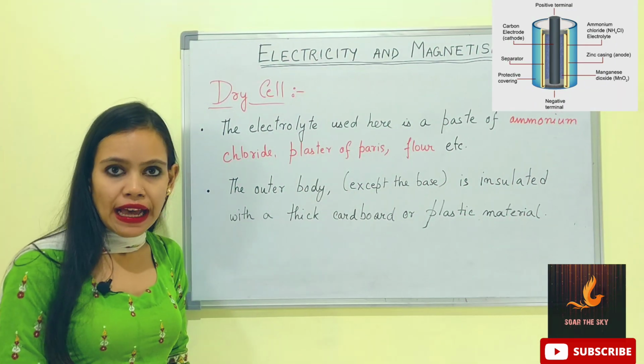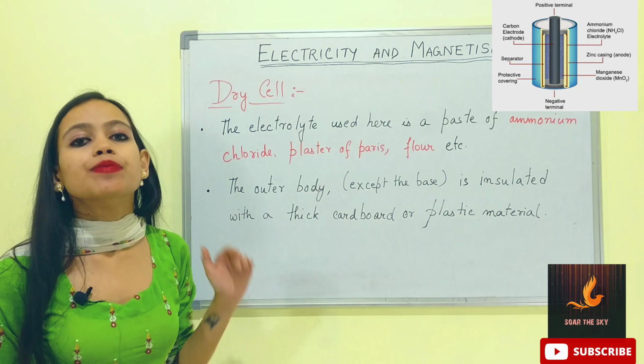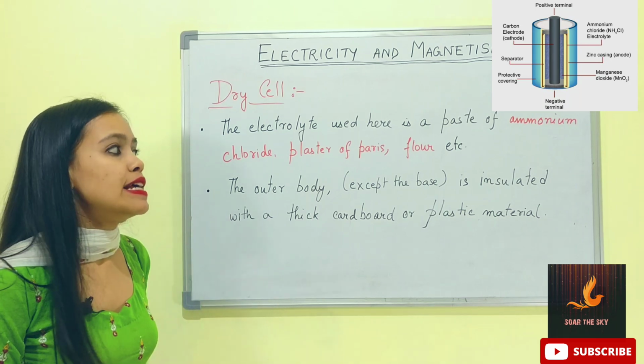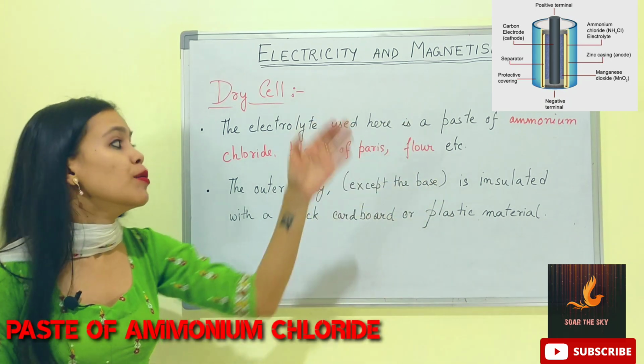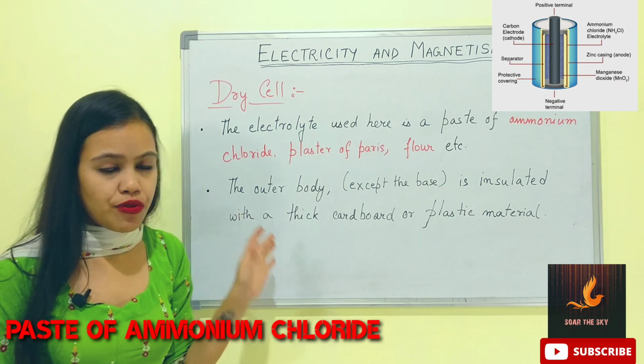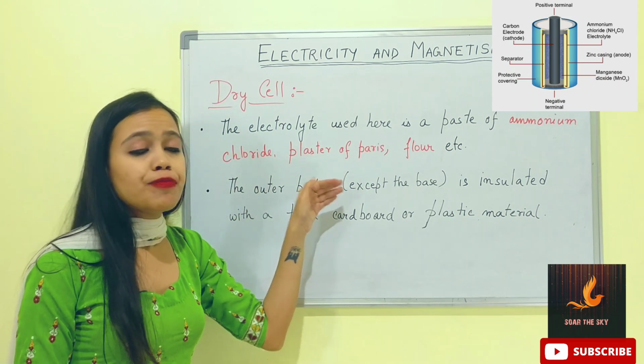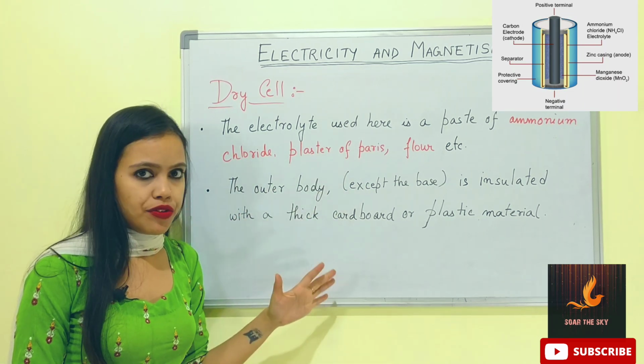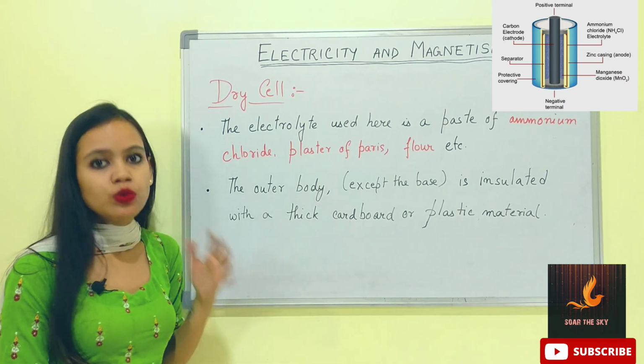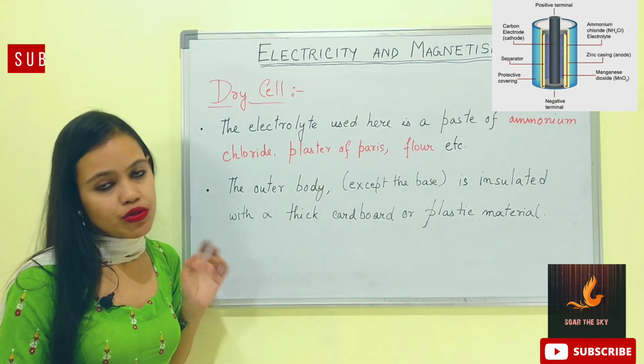The electrolyte used in this particular dry cell is a paste of ammonium chloride, that is NH4Cl, plaster of Paris or flour, etc. These are the options that we use as an electrolyte in a dry cell.